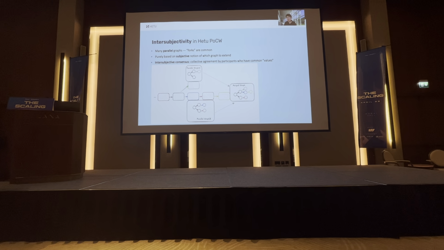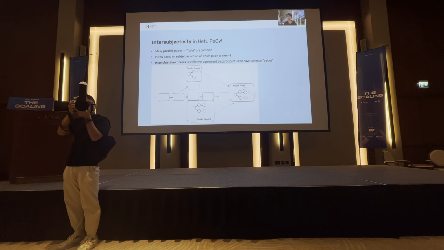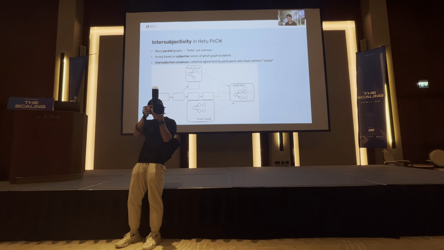You can decide you want to extend one particular node on this graph because you believe that is a more correct version of that particular computational process. That is totally fine. Some other people may have other opinions, and they may extend another part of the graph that they consider more correct. The protocol itself doesn't define what is correct or wrong.